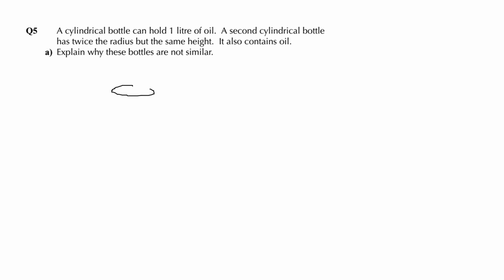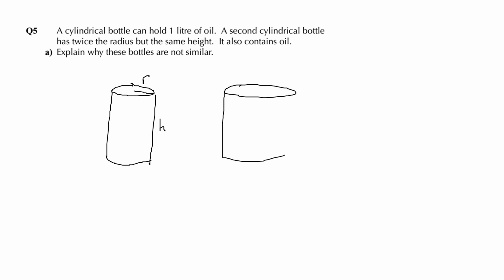Okay, so this is going to be my first bottle, and its height is h, and its radius is r. This is my second bottle. Its height is also h, but the radius of this bottle is 2r.